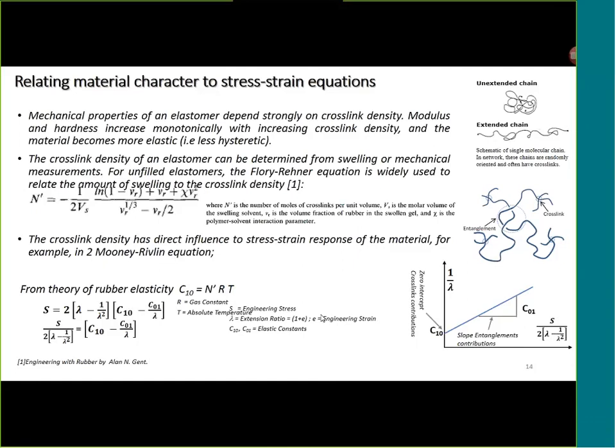As the hardness increases, the crosslink density increases, and hence the material becomes more elastic, which means that it becomes more rigid. As the hardness increases, the behavior of the elastomeric component will tend to approach any metal. Okay, it will become less and less hyperelastic, but more and more elastic.